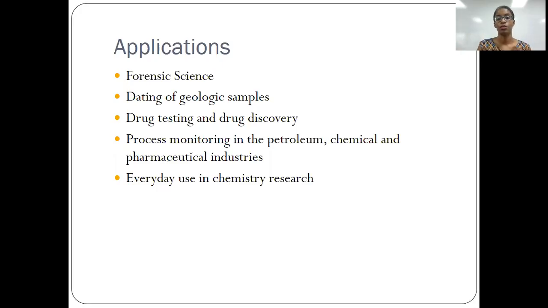It is used in drug testing and drug discovery, monitoring of petroleum, chemical, and pharmaceutical, and in just everyday research.